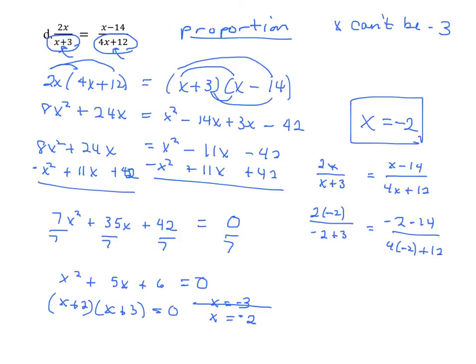Negative 2 times 2 is a negative 4. The denominator will be a 1. This numerator becomes negative 16, and this is negative 8 plus 12. So this will be negative 4. Negative 16 over 4 is negative 4.